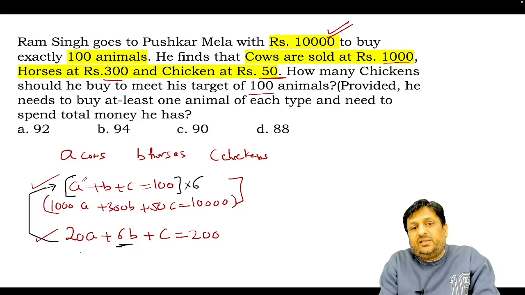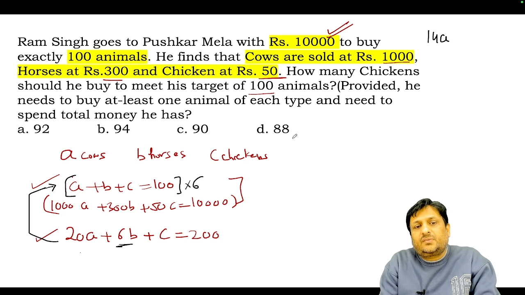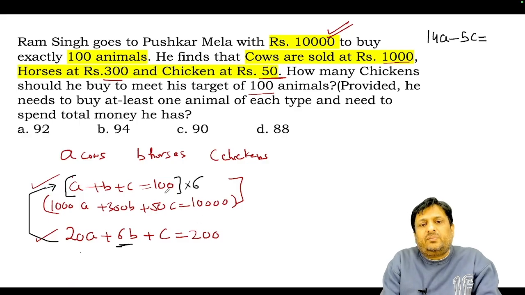So 20A minus 6A will be 14A, isn't it? 6B minus 6B will get cancelled out. C minus 6C will be minus 5C. And the right-hand side will be 200 minus 600, which is minus 400.